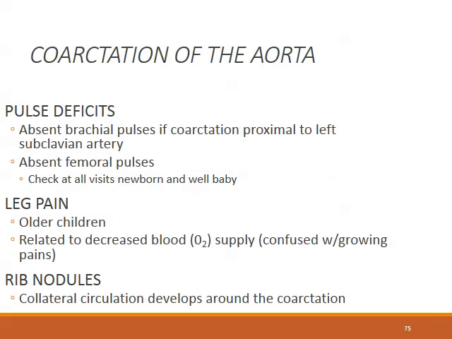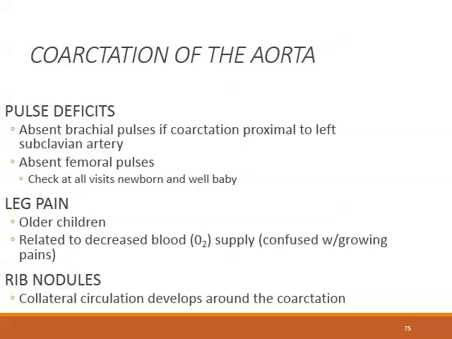With the coarctation of the aorta, they also will have pulse defects. So they'll have absent brachial pulses if the coarctation is proximal to the left subclavian artery. They also have absent femoral pulses. So check at all visits, newborn and well baby. You need to check their femoral pulses. Leg pain will also occur. So older children will have leg pain.